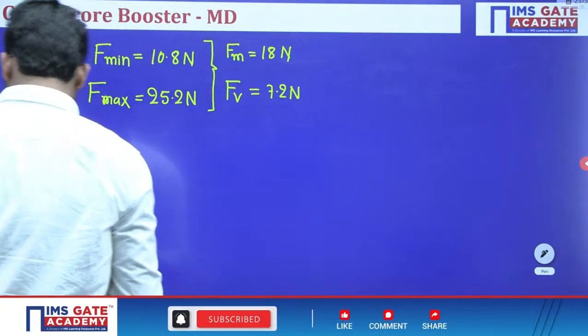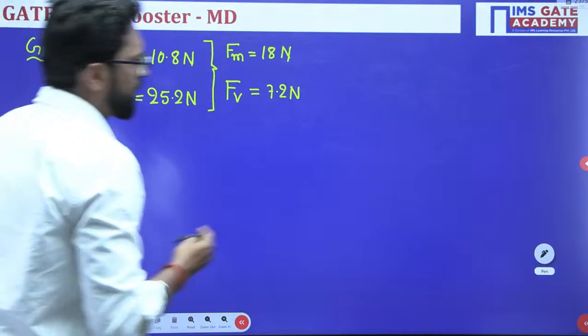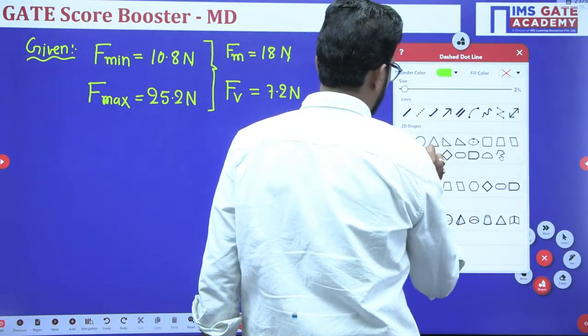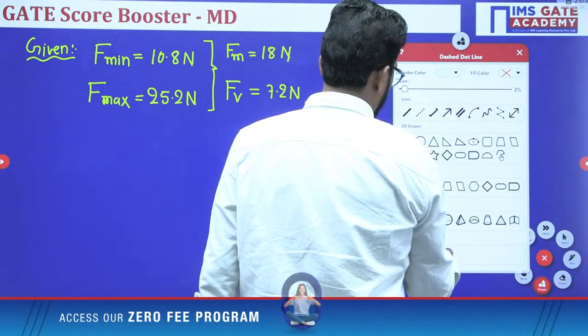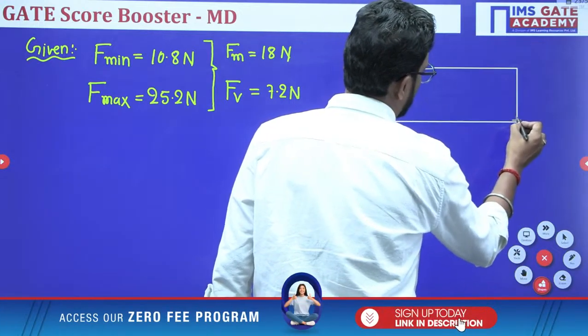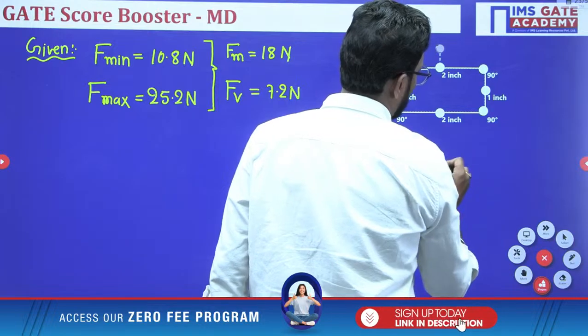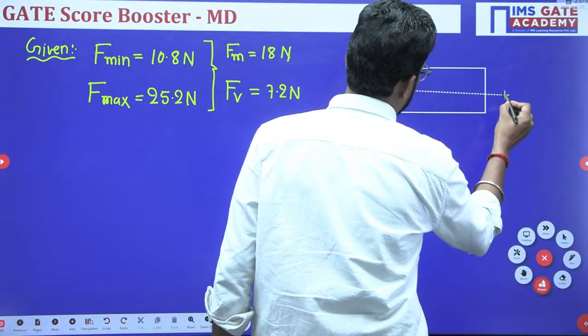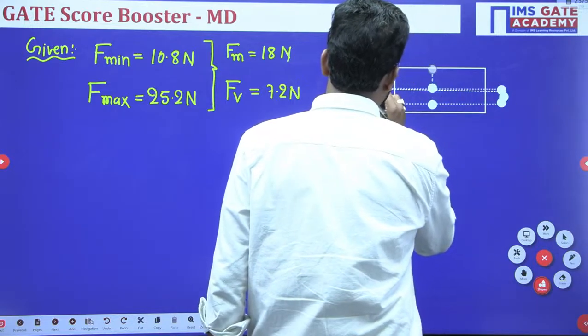Similarly, this is our cross section, the beam cross section that is given, and we know this is our neutral axis. If a cross section is given, this is always the neutral axis.